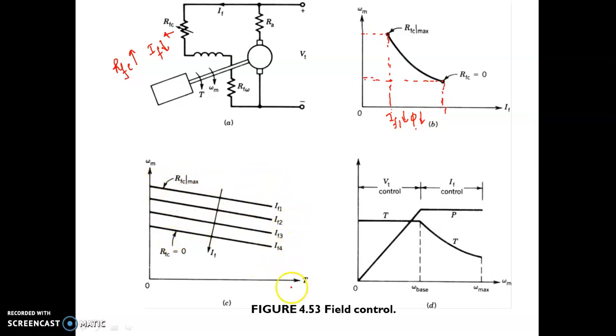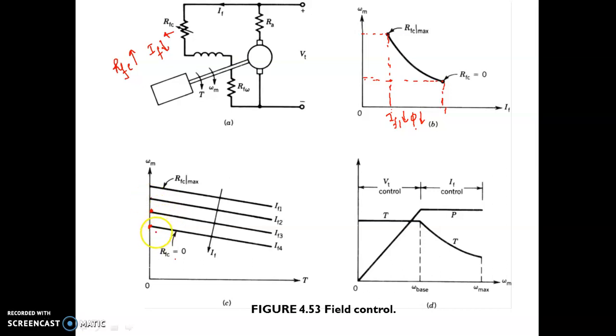The speed and torque effect of decreasing the field current is also shown here. Here the field resistance is 0, so the value of field current is like this, and torque is 0 here. At this position the speed is this much. As the field current decreases in this direction, the speed will increase.